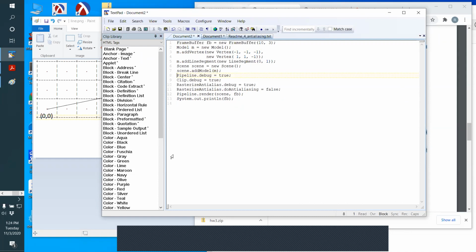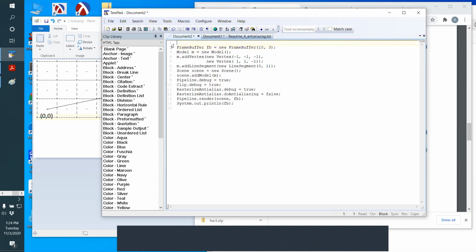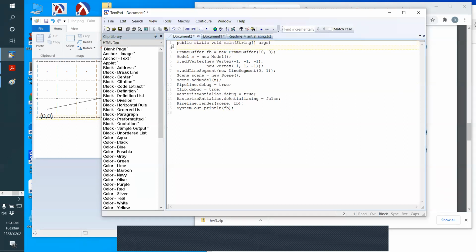I think that's it right there. Just wrap that in a program. You need the imports. Wrap it in appropriate code. Yeah. So I think that's pretty much the code.